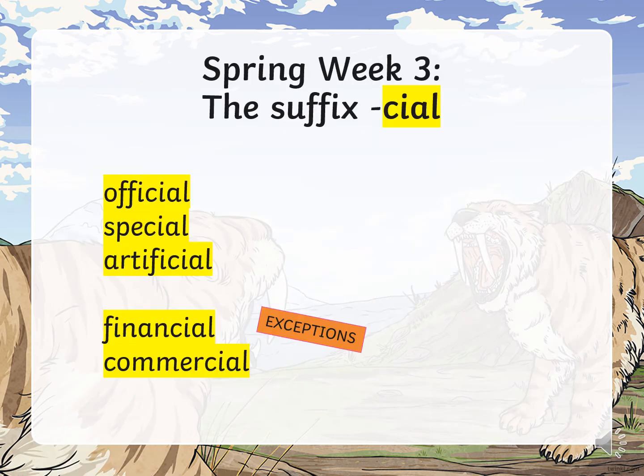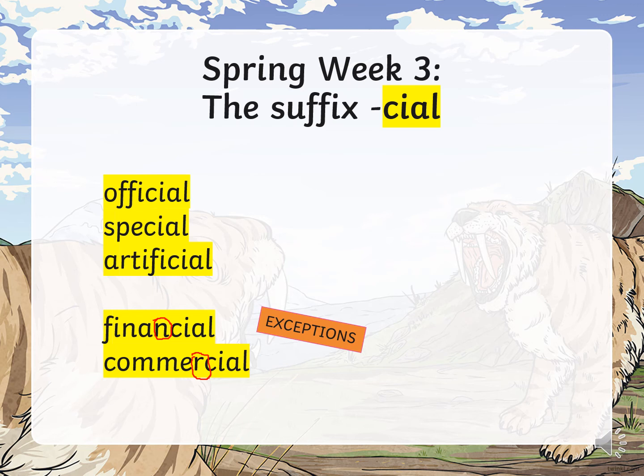Now, if you remember from the first slide, here are two of the exceptions, financial and commercial. You can see there they do not have a vowel before the cial sound. Financial has an N, commercial has an R. The reason being for these two words, the root words end in CE.